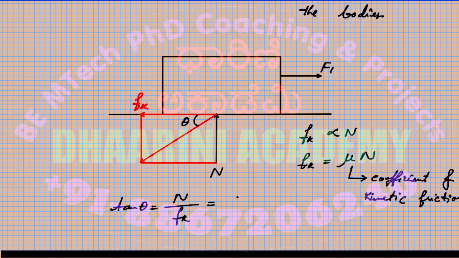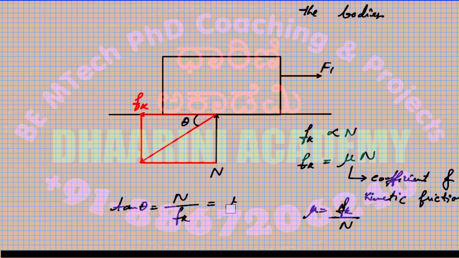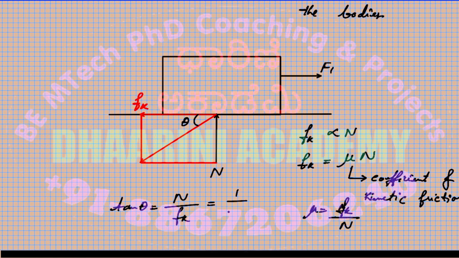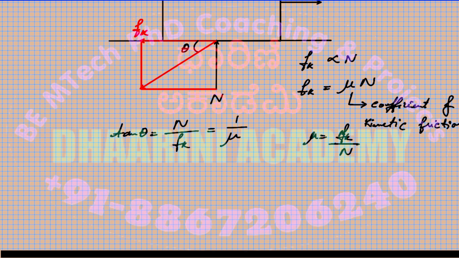Now, mu is equal to Fk by N, so I'm having N by Fk over here, which means tan theta is 1 divided by mu. Theta is equal to tan inverse of N by Fk, which is equal to tan inverse of 1 by mu. You can apply this whenever required.